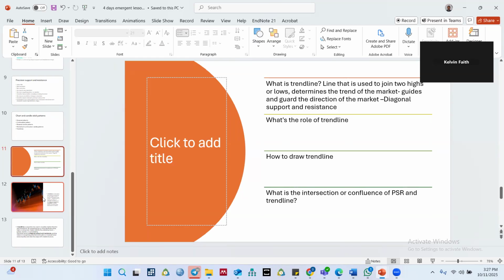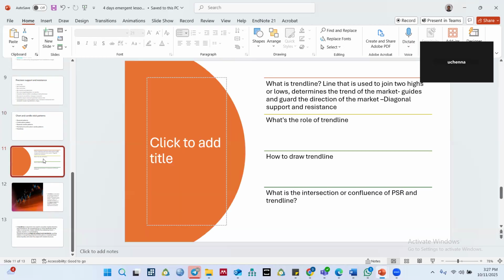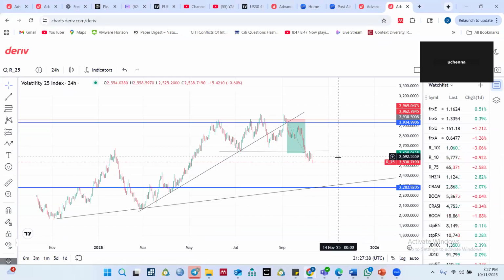Any questions up to this point before we move to chart patterns? Yes, sir. Like entry and exit. I'm thinking, after you've done your analysis on a higher time frame, you go down to a lower time frame, and then how do you know that the market is about to kind of reverse?